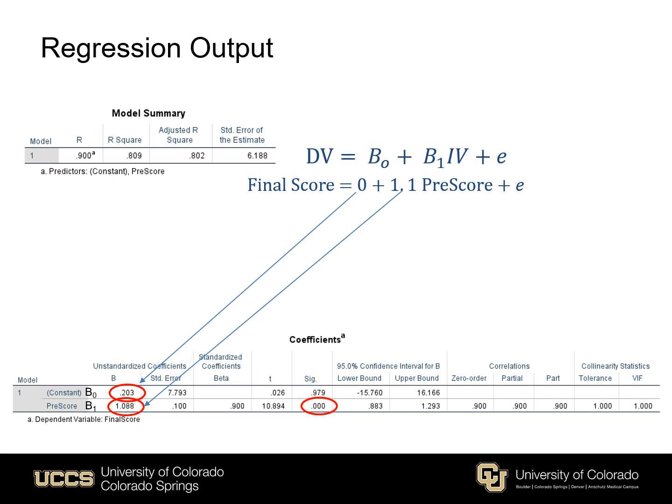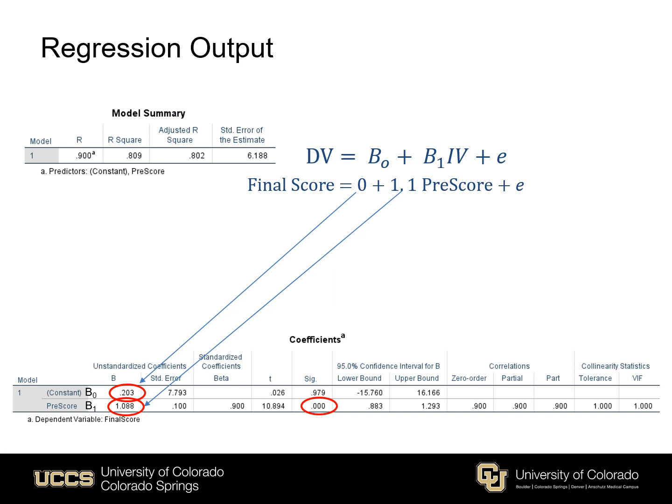One other thing that is provided in the coefficients table that obviously you wouldn't know just from inspecting the scatter plot is the statistical significance of any of the effects that are in the regression model. What the circled value of 0.000 is saying is that there's a very low probability of a type 1 error.